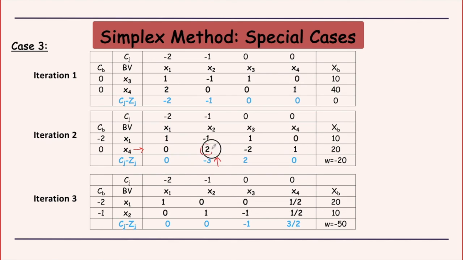So this would be 1 and this has to become 0. So your operations would be R2 is R2 by 2 and R1 is R1 plus R2. That will make a 0 here after you divide by 2 throughout. So then you get a 0, and again you calculate Cj minus Zj.